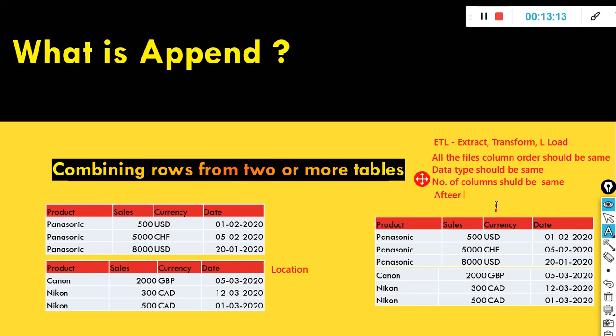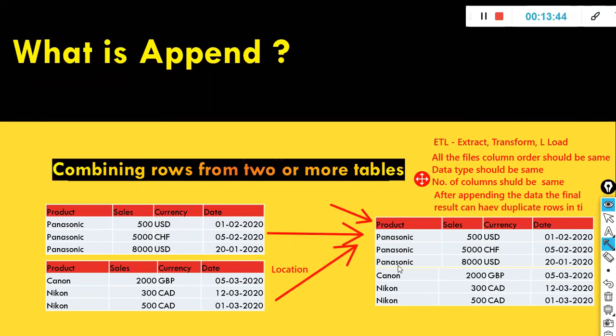After appending the data, the final result can have duplicate records in it. I'm talking about this one, the final result. After I did the appending, I just combined these two data sets. But in the final result, there could be chances it might have some kind of duplicate record.